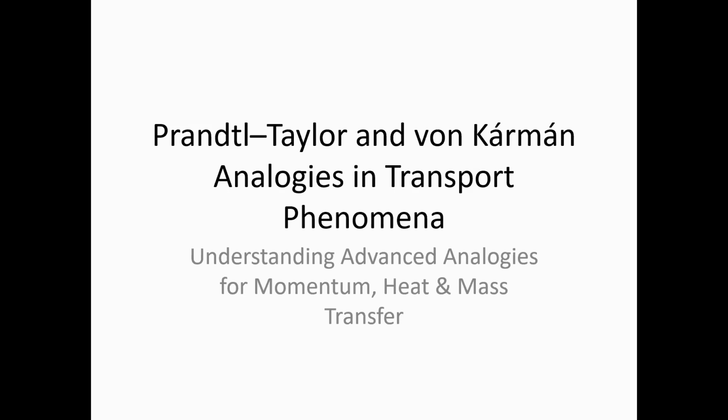These were the two main analogies we have learned in transport phenomena. Now we are giving you another analogy, which is apart from our course and may be an advanced analogy, part of advanced transport phenomena.